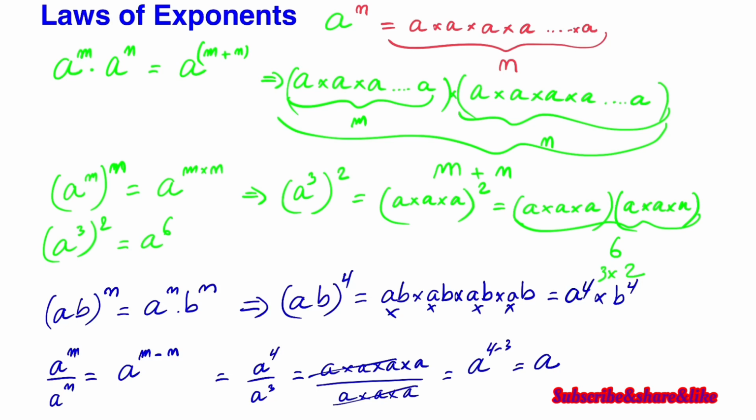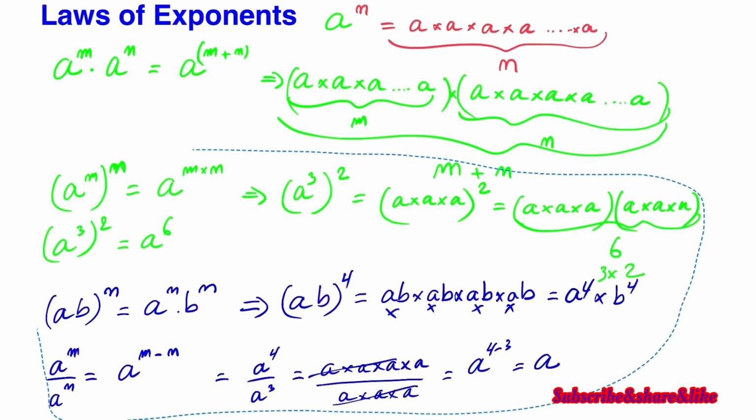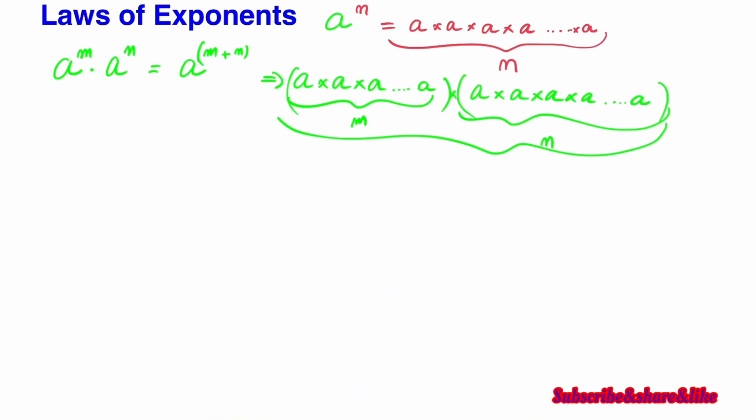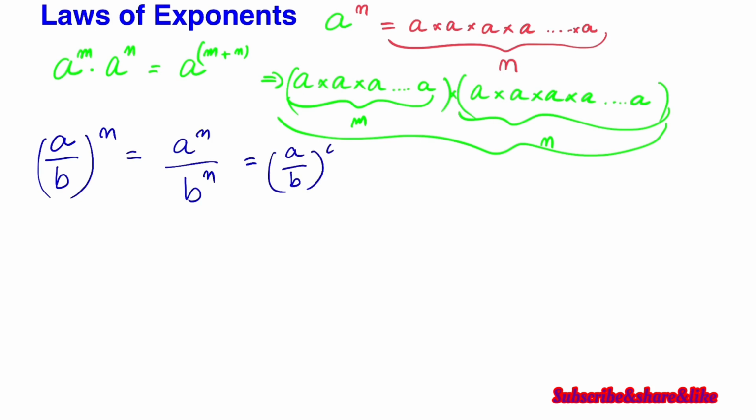Let's find another identity. Everything has a relation with the exponent. If we have a over b to the power n, it is just a to the power n over b to the power n. The same thing, for example, a over b to the 4th is just a over b times a over b times a over b times a over b.